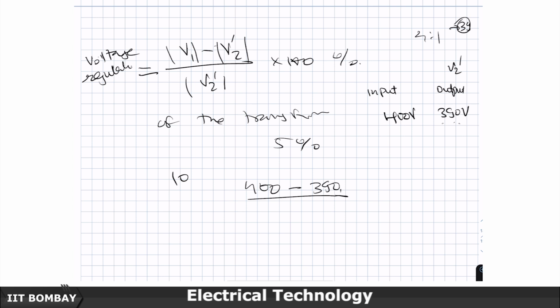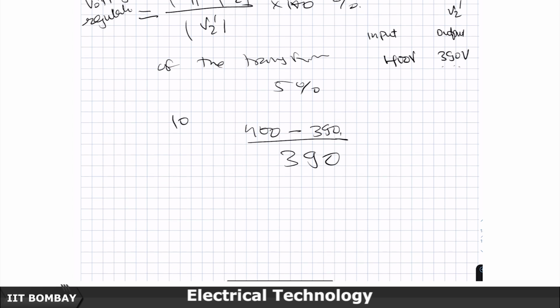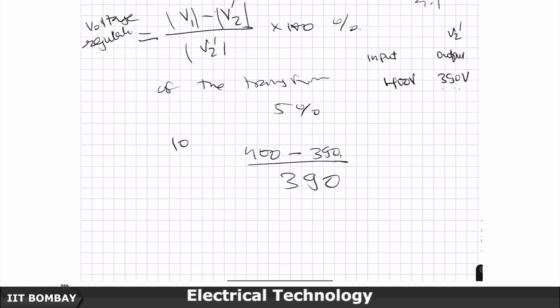Now, should I compare this 10 volts on the base of 400 volts, or should I compare it on the base of 390 volts? We compare it on the actual voltage which is seen, which is 390 volts, and this gives the per unit drop.